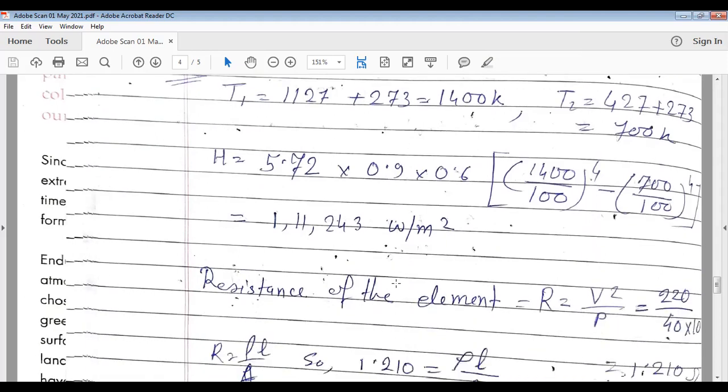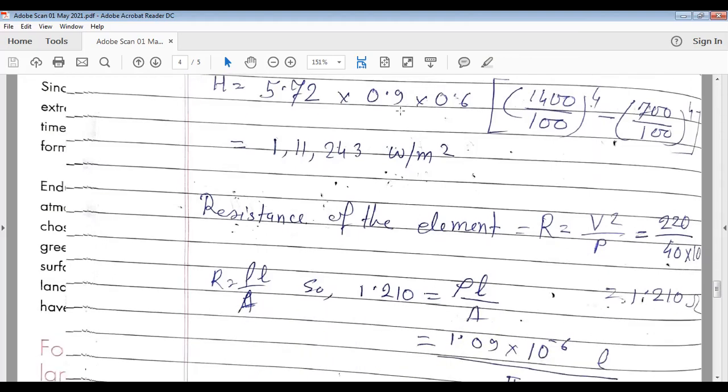From this heat we can evaluate the resistance of the element. R is V square by P. So this is 220 squared by 40 into 10 to the power 3.